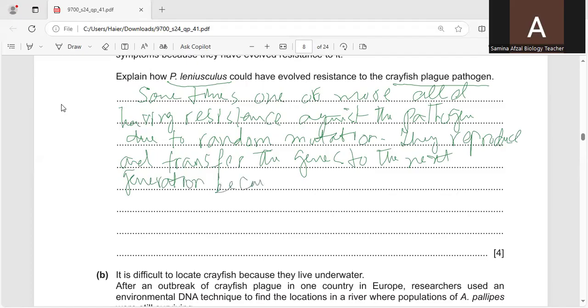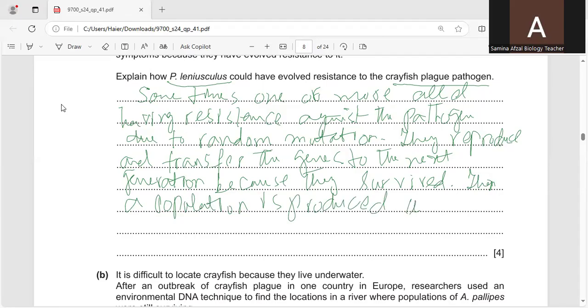Thus, they survived, they multiplied, they reproduced, and then a population is produced which has resistance against the pathogen.